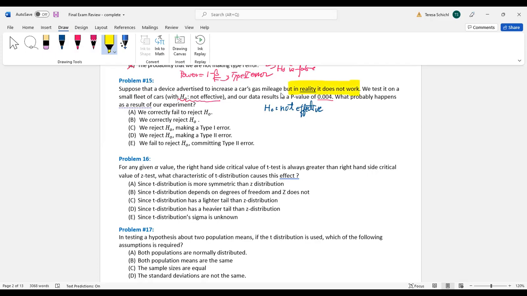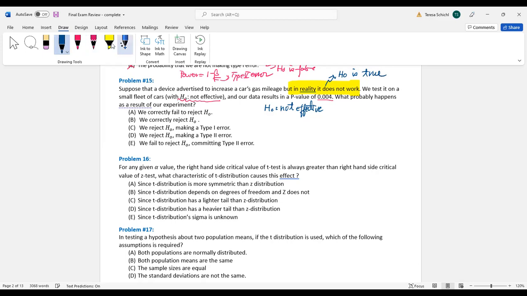They claim it's effective, but it's not effective. So what is this statement translated to? H0 is true.